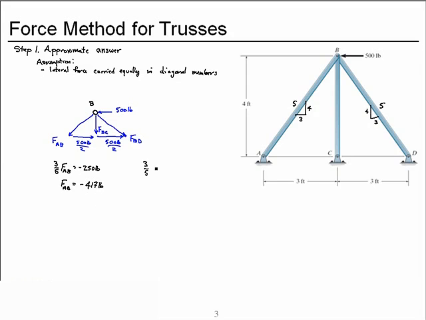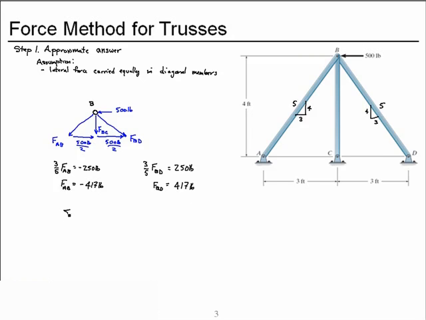Over on this side, 3/5 of force in member BD will be 250 pounds, and so the force in member BD will be predicted to be 417 pounds in tension.